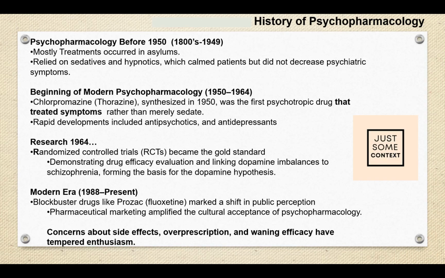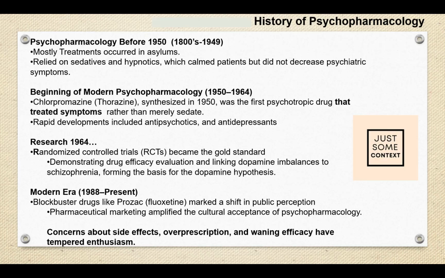In asylums before the 1950s, treatment was focused on sedatives and hypnotics, which calmed patients but did not decrease psychiatric symptoms. Now, beginning in the 1950s, Thorazine was synthesized, and this was the first psychiatric drug that actually treated psychiatric symptoms rather than sedating or putting the patients to sleep.